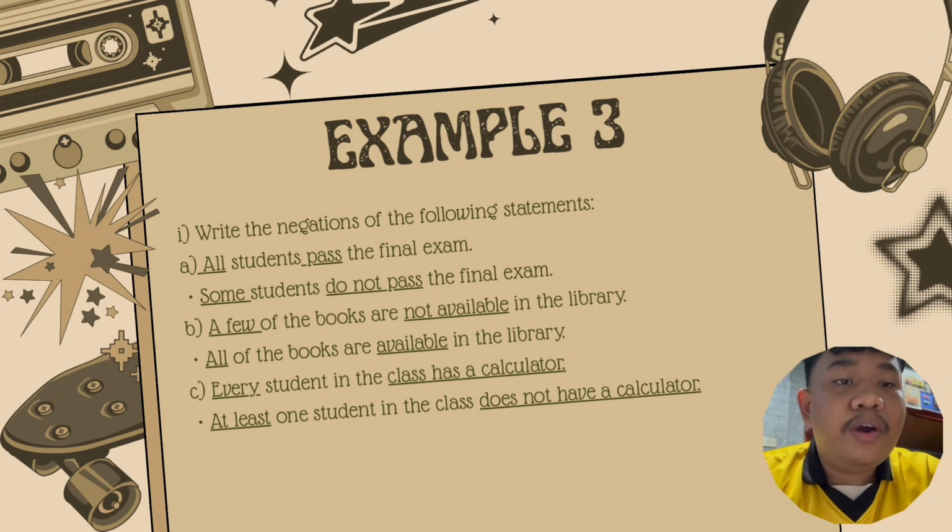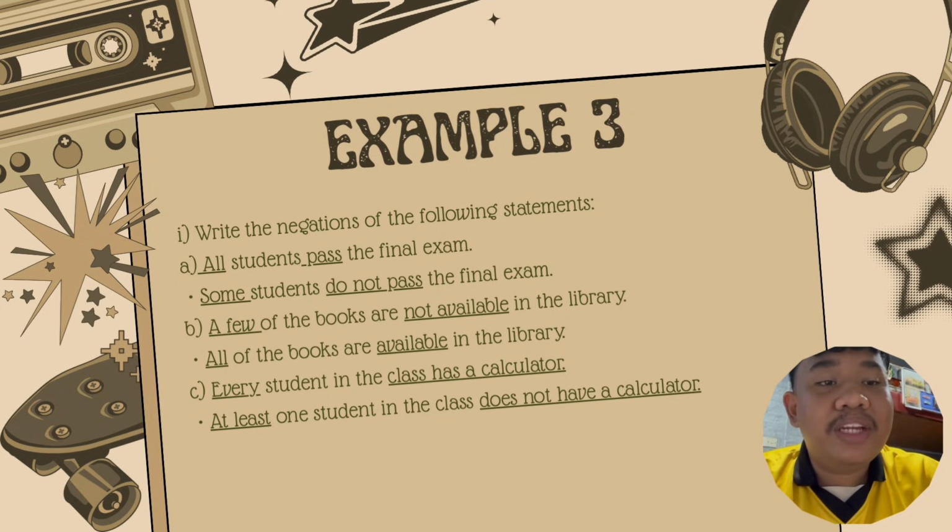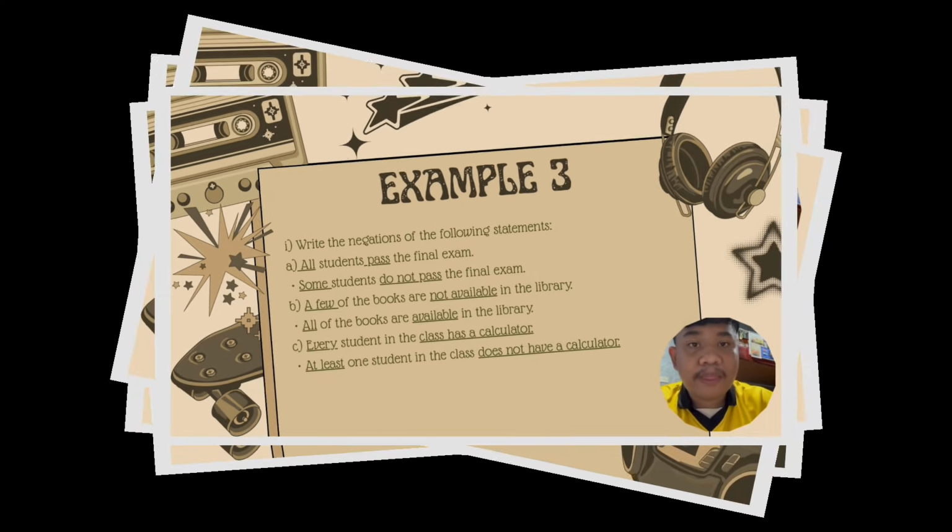So the answer will be all of the books are available in the library. For the last question, every student in the class has a calculator. So the answer will be at least one student in the class does not have a calculator. We just change every to at least one, and has a calculator to does not have a calculator.